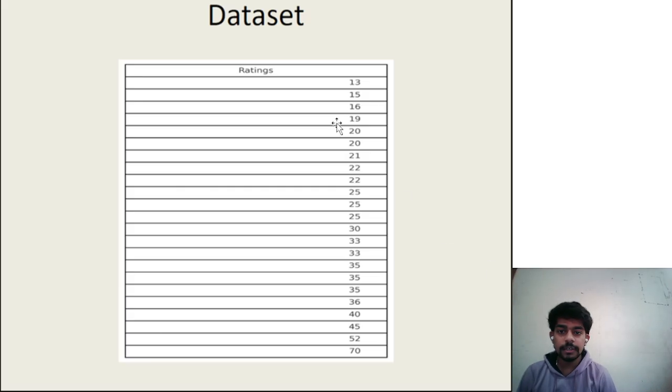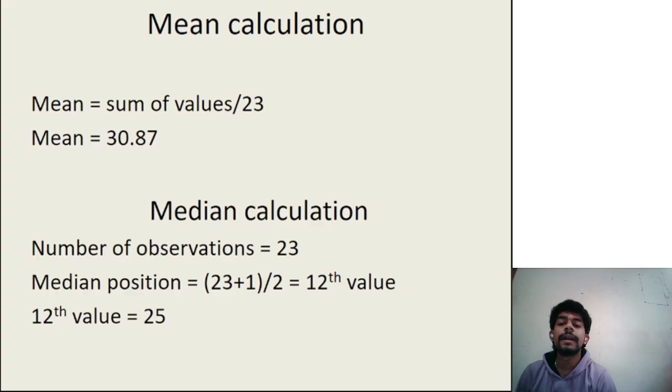Given data set, table of data set. It is already arranged in ascending order, so there's no problem in finding our mean, median, and mode. Let's proceed then. First, we will be looking to find the mean. We have studied in the earlier classes that mean is equal to sum of values upon number of values, which brought us to the value of mean.